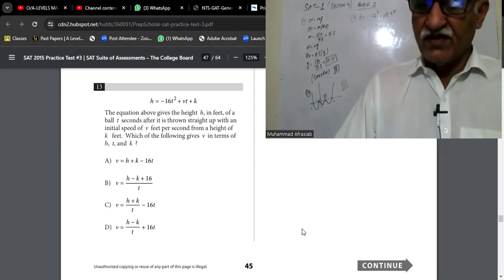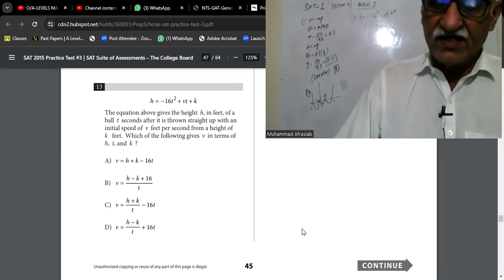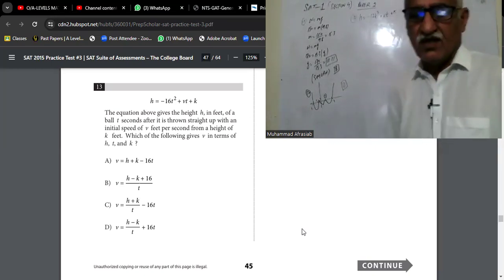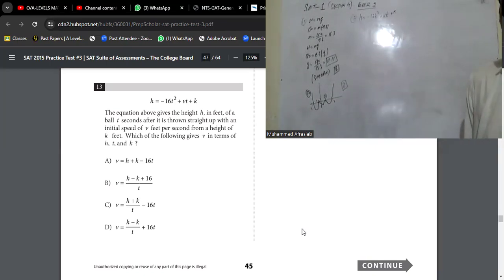Which of the following gives V in terms of H, K, and T? So we are going to make V the subject of this equation.